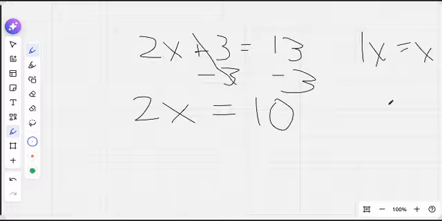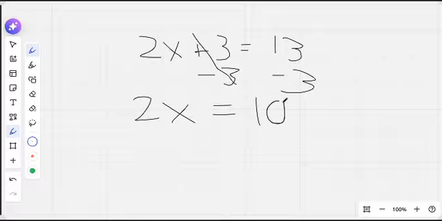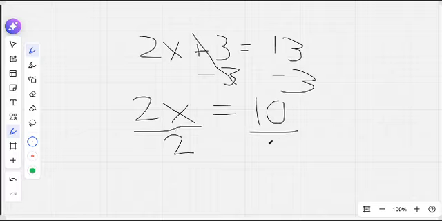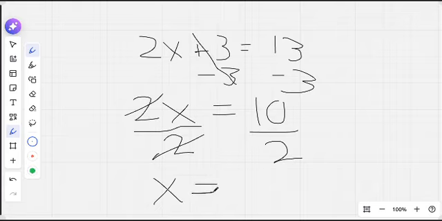So we don't show 1 in algebra because it would be redundant. To undo this, since 2 and x are being multiplied, we divide by 2. And since we divided by 2 on the left side, we have to divide by 2 on the right side. We cancel this out, and we're just left with x on this side, because we don't show 1 when multiplying. And 10 divided by 2 is just 5. So that's the thought process and how to solve basic multi-step equations in algebra.